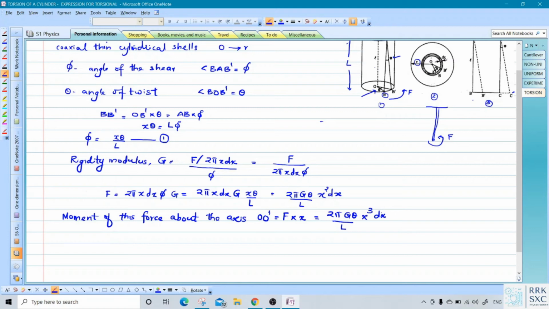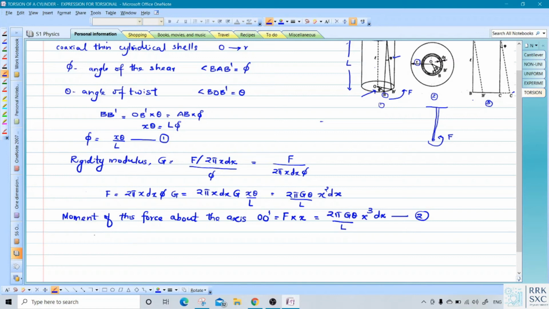Now we have to find out the total moment of the whole cylinder. This is the moment of just one cylindrical shell, and I have mentioned earlier that the total cylinder is composed of a large number of cylindrical shells ranging from radius 0 to r. So if you want to find out the total twisting couple on the cylinder, then you just integrate the last equation, which we will number as equation number 2, between the limits 0 and r.